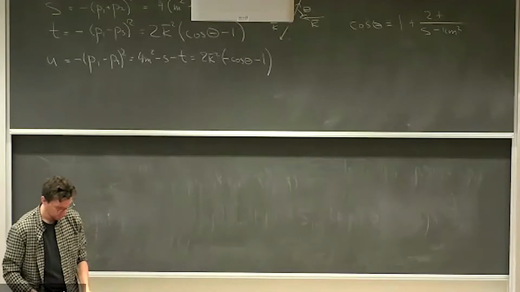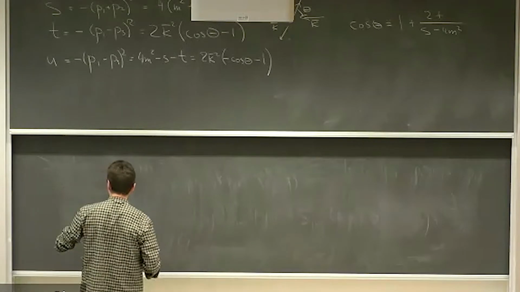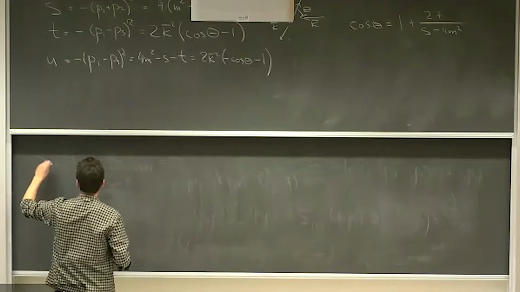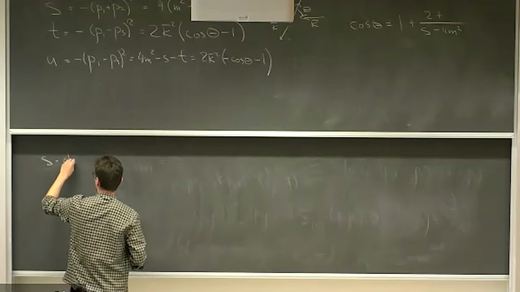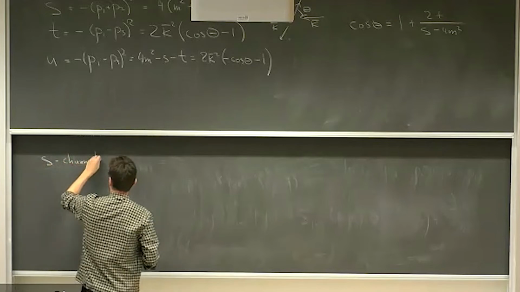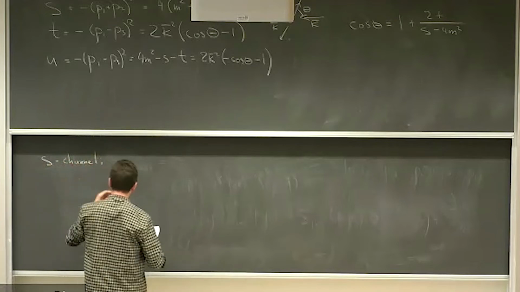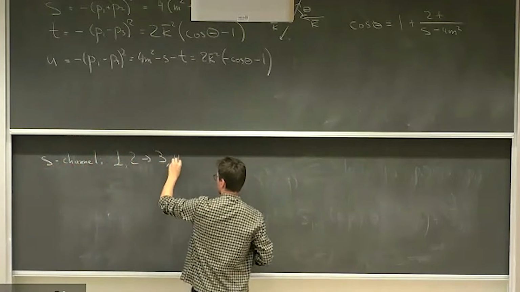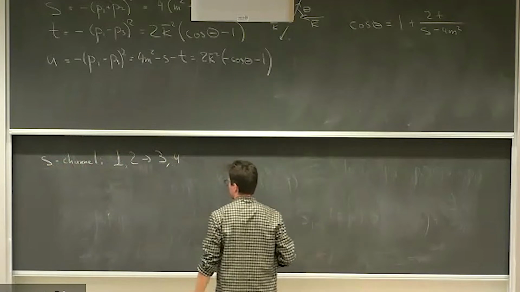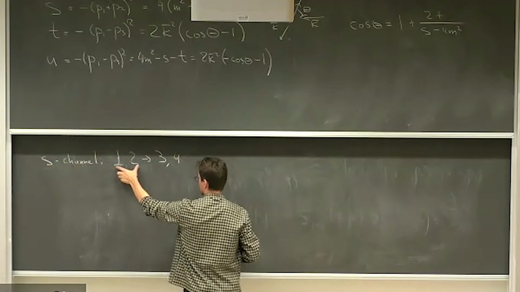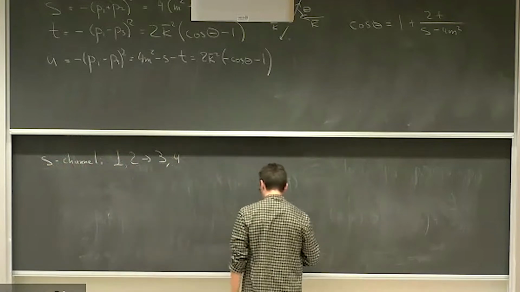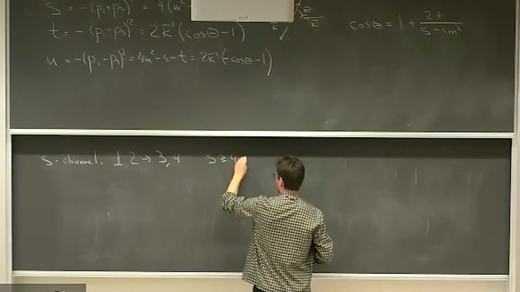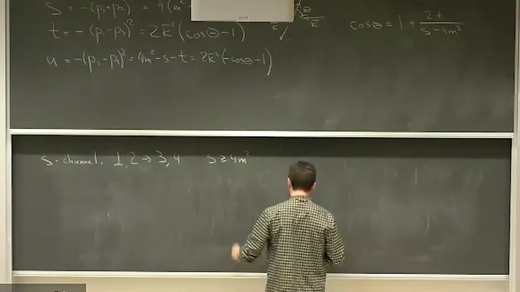So first of all, you can consider what I just erased, which is known as the S channel. This describes scattering of particles 1, 2, to 4. And because the total energy, which is stored here, cannot be less than 4m squared, this describes the region S larger than 4m squared.